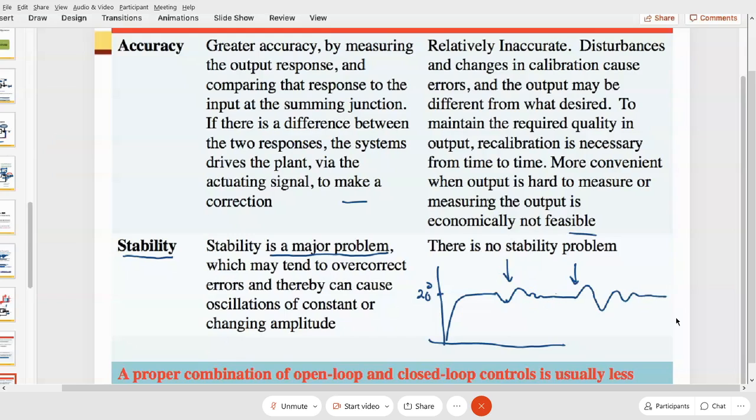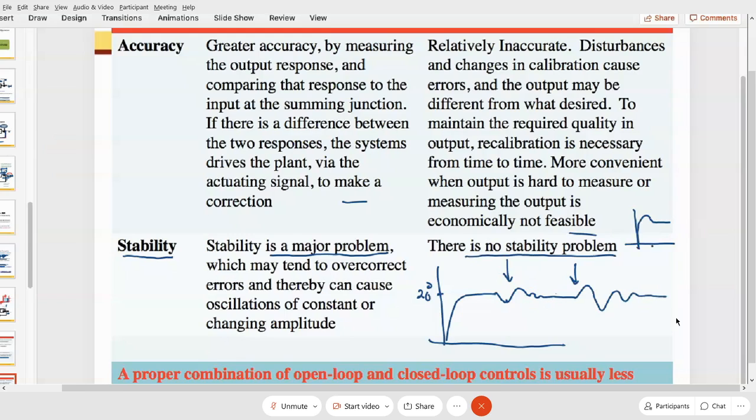Compared to the open loop system, there is no stability problem. Any disturbance that enters the system may increase your temperature, and when the disturbance reduces, it reduces too. No correction will take place, so there is no stability problem here.